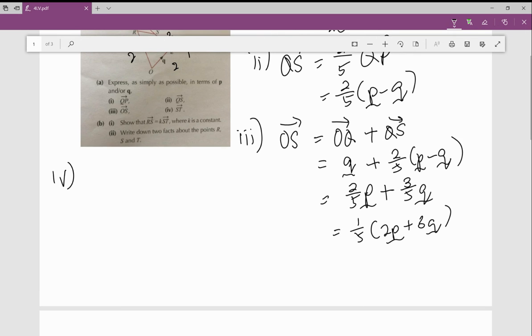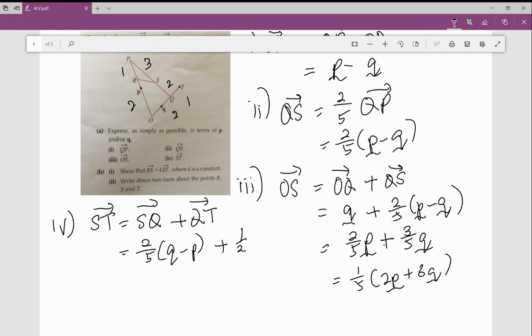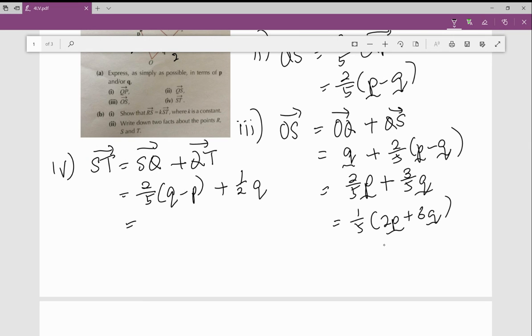Let me cover the next one, ST. ST is equal to SQ plus QP. SQ is the reverse of QS, so it is 2/5 (Q minus P). I just reverse the sign. Plus QT, which is half Q. Let me simplify this a little bit.